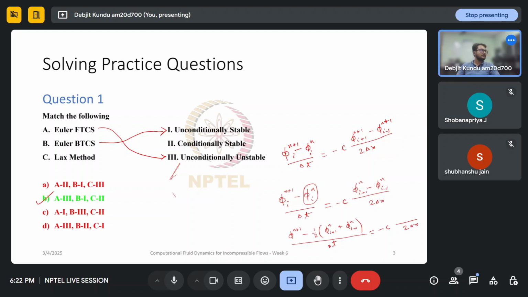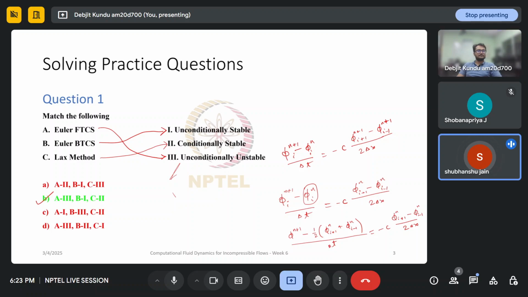Once you apply this neat little trick, this whole scheme goes from unconditionally unstable to conditionally stable. So this is what the Lax method is. That becomes conditionally stable, the condition being that the Courant number is less than 1.